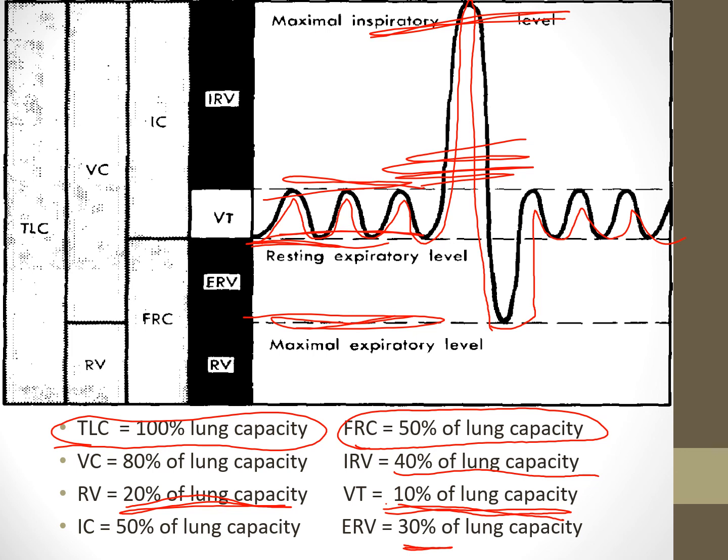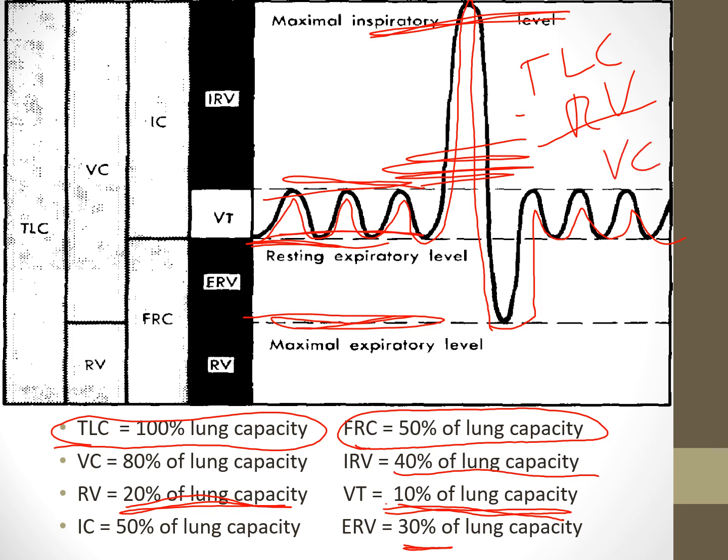You do need to know the percentages of all these, and remember when we went through this in pulmonary, we also talked about if I were to say I have TLC minus residual volume, what would that equal? Well, TLC minus residual volume would be vital capacity, right?